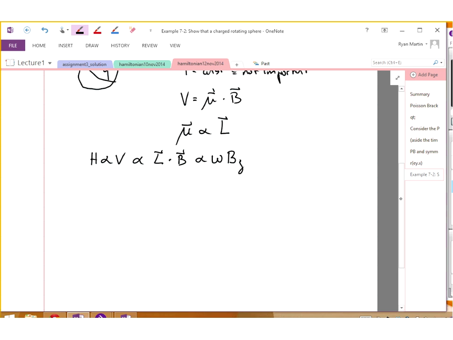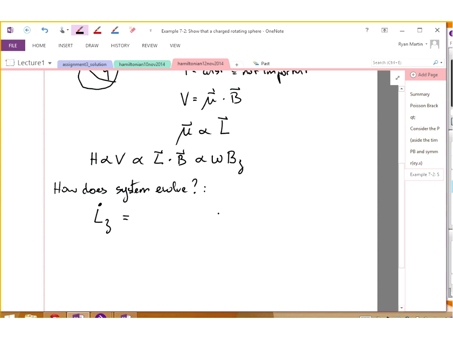Okay. So now we want to figure out how the system evolves. If we want to know the time derivative of some quantity, we spent some time showing that all you have to do is take the Poisson bracket of that quantity with the Hamiltonian. So I want to know how the z component of the angular momentum of the charged sphere evolves with time.